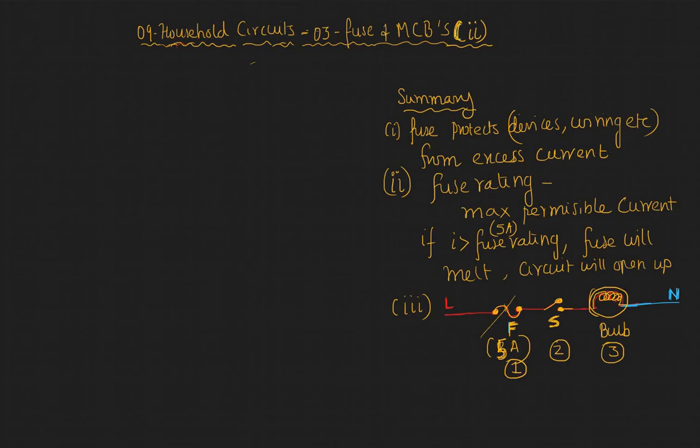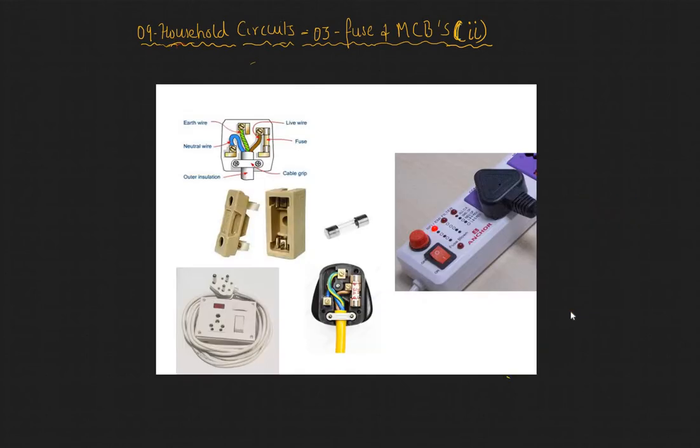So let's see some visuals of fuse. A fuse comes in various forms. Let's first look at the fuse that you typically will find in the entry of your house, where power comes from your electricity company. You have the live and the neutral that's coming from the transformer.